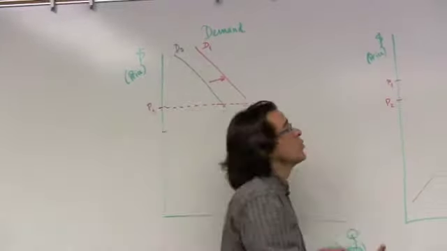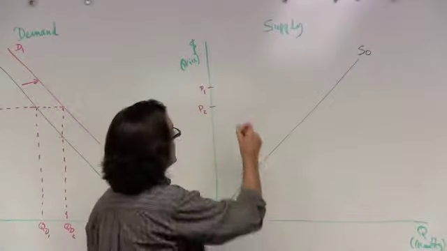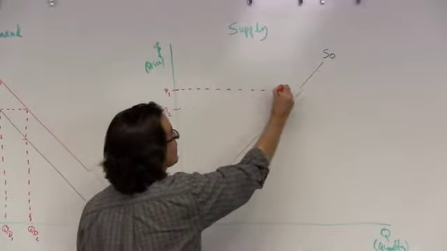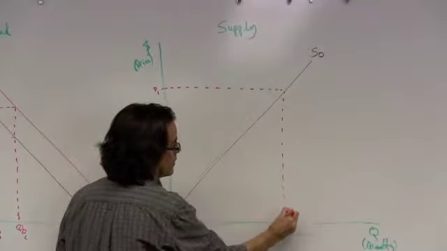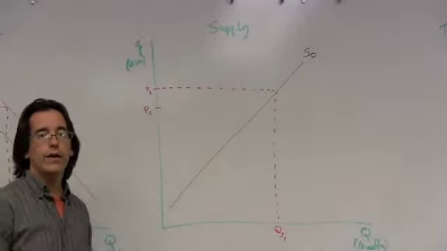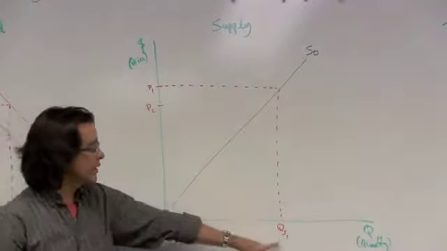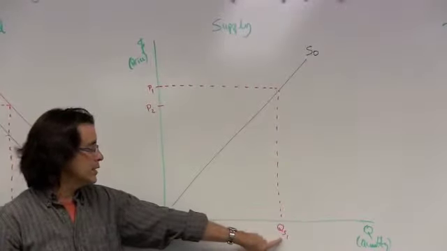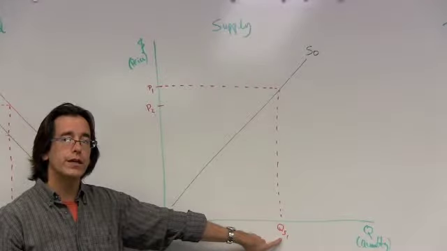So now let's look at the story with the supply. Same deal, at a given price, firms supply a certain amount of good based on their supply curve. So at P1, we see QS1 supplied to the market.